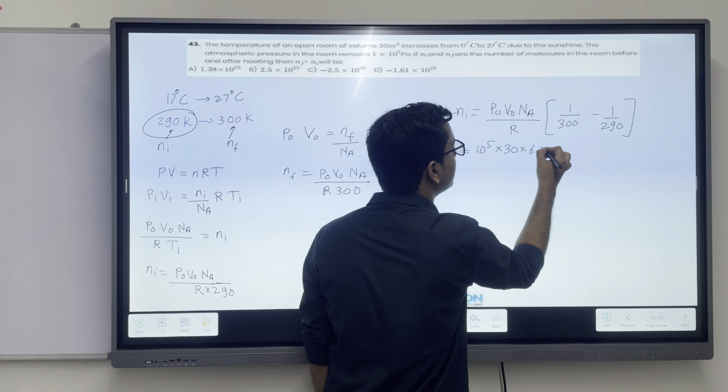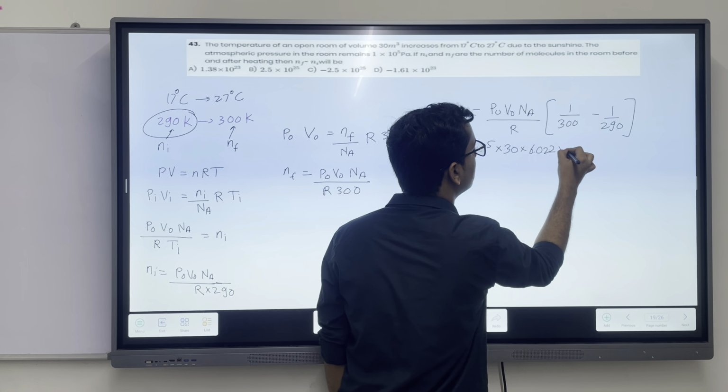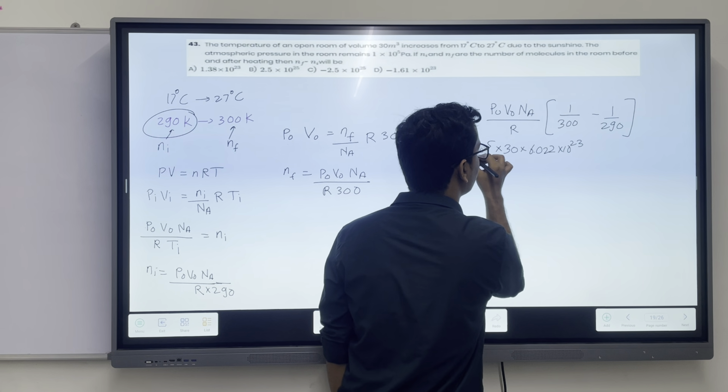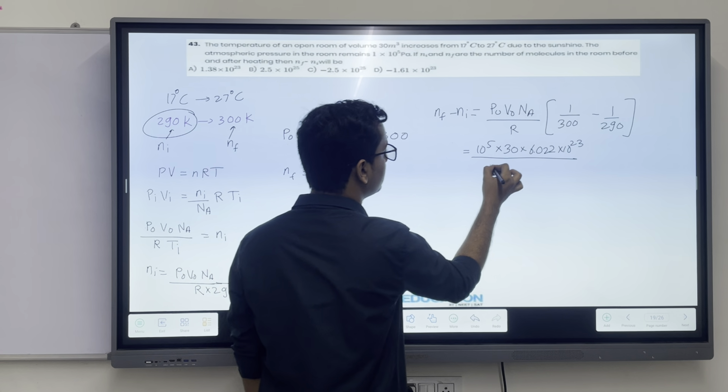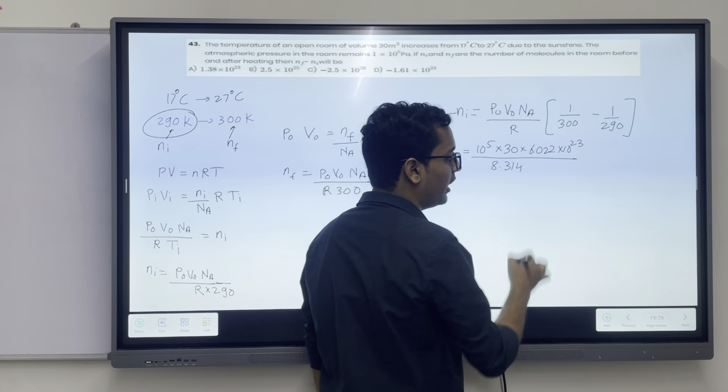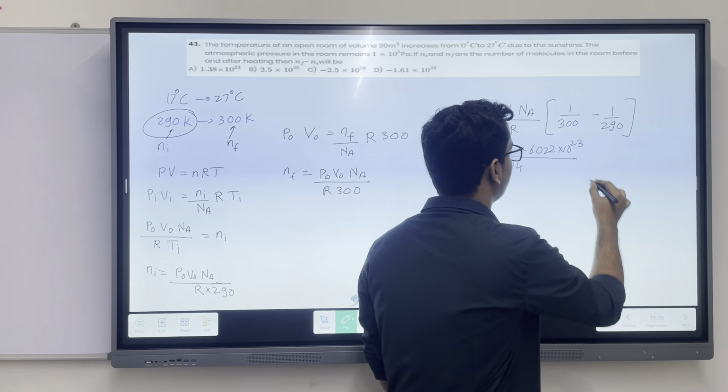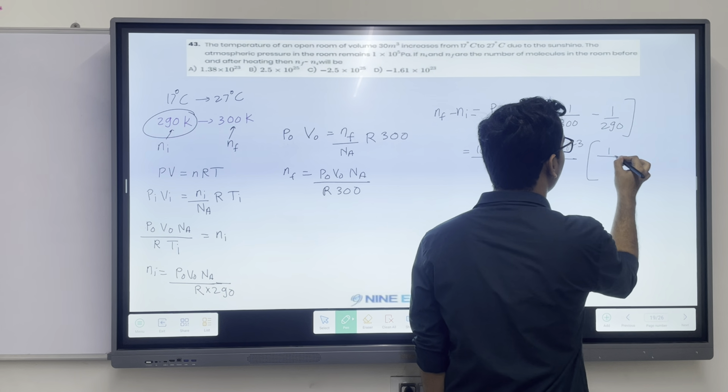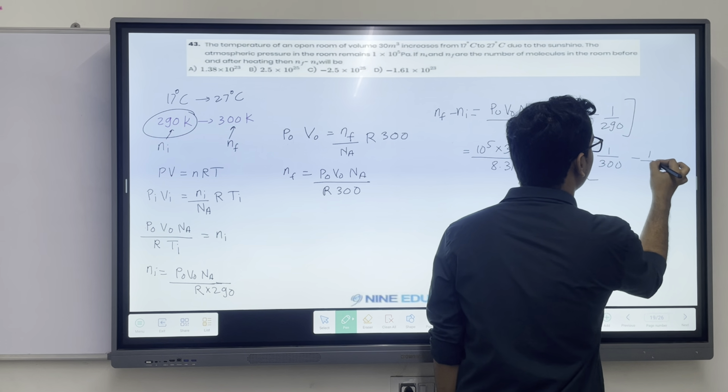Have a calculator. 6.022 into 10 power 23 divided by R value, 8.314, everything is in SI units, into 1 by 300 minus 1 by 290.